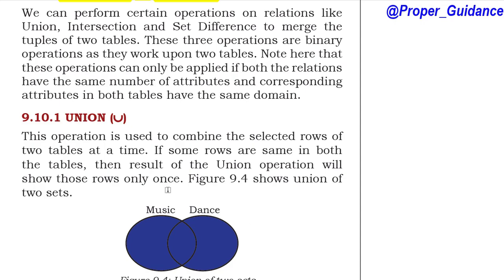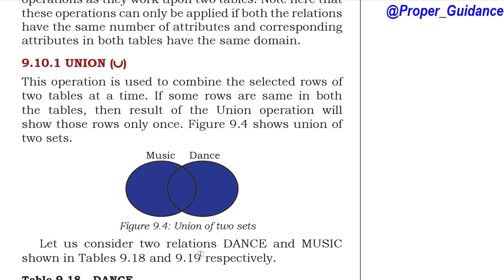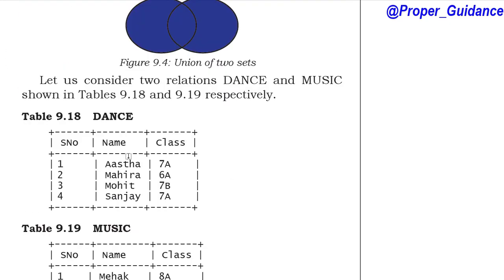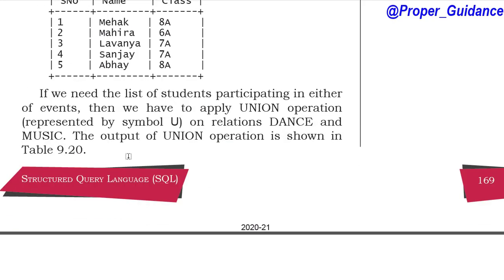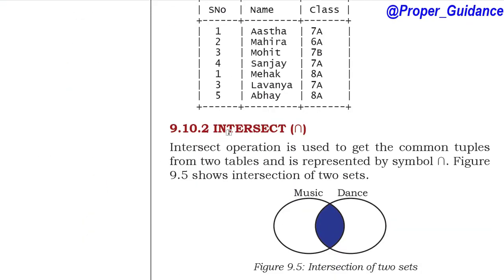First one, union. From set theory, you know what union is. This is the Venn diagram: music, dance. Union means all, including all. This operation is used to combine the selected rows of restricted tables at a time. Okay.